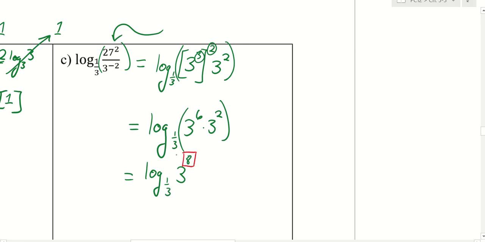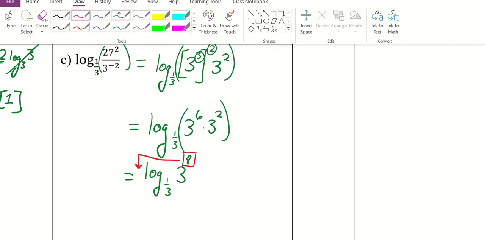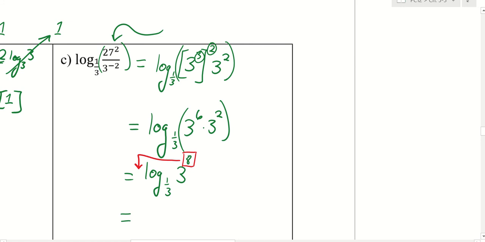Yes, okay, good. So I'm going to apply the power rule to simplify this a little bit. So I'm going to bring this 8 down. And so this is 8 times log of 1/3. And 3 is now the more simple input.